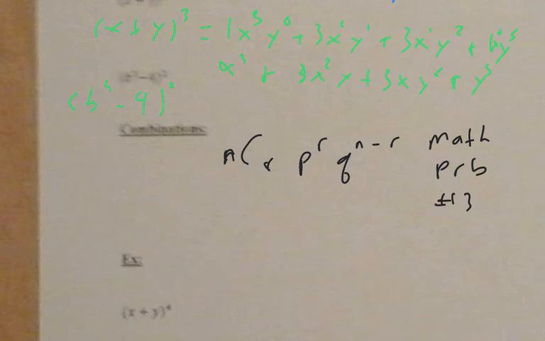If we wanted to find 5C3 times 2 to the 5th times 3 squared, you're going to type in 5 first, then hit Math, PRB, number 3, get the C, then type in 3, which equals 10. 5C3 is 10. 2 to the 5th is 32, and 3 squared is 9.